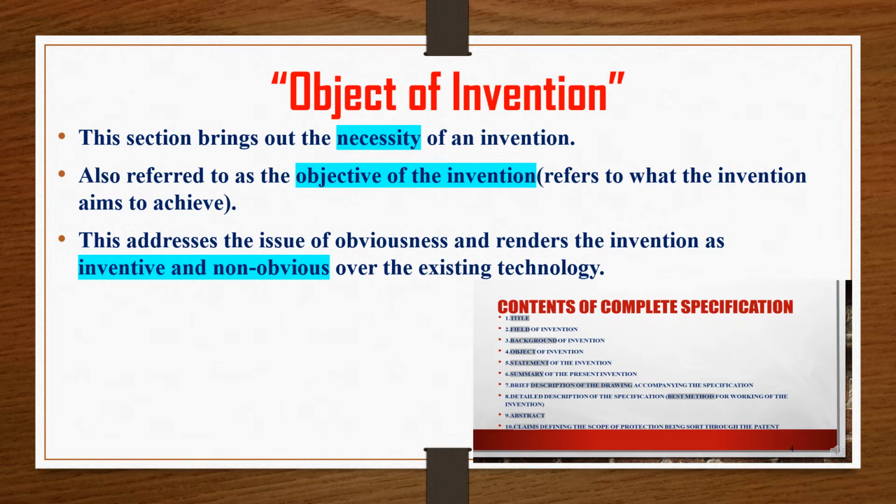Next point is this addresses the issue of obviousness and renders the invention as inventive and non-obvious over the existing technology. Okay. That means it addresses the issue in the existing technology, and it renders the present invention as inventive and non-obvious.